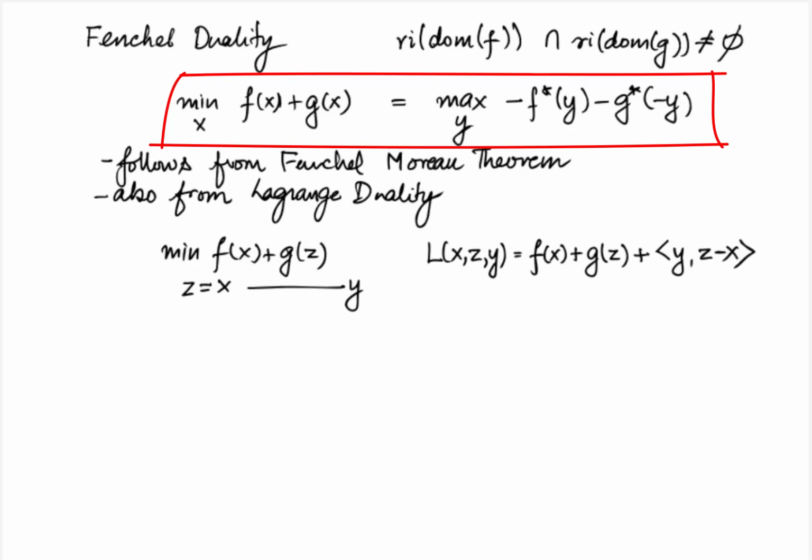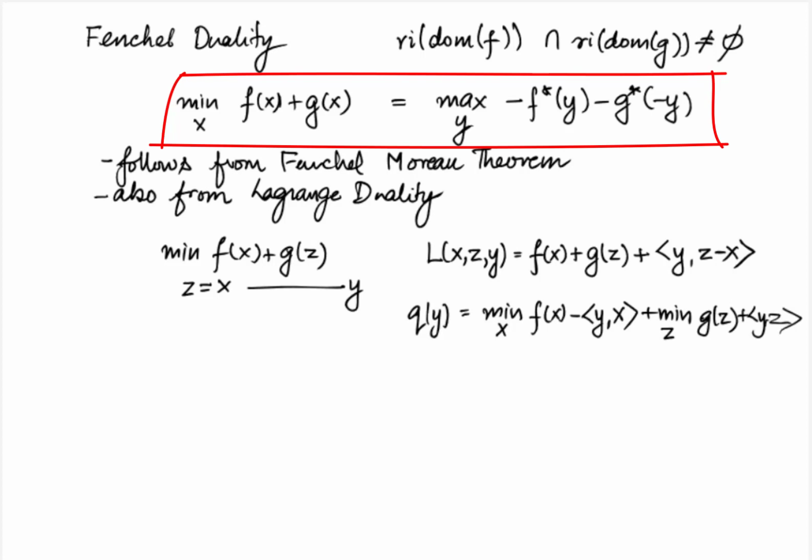Let us minimize the Lagrangian with respect to x and z so as to obtain the dual function. Since the objective is separable in x and z, we can minimize with respect to each of them separately. So the dual function is given by q(y) equal to min over x of f(x) minus inner product of y, x, plus min over z of g(z) plus inner product of y, z. Let us solve each of these problems separately.